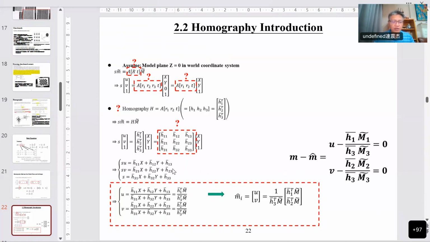I say again, we have a homogeneous matrix here. And homogeneous can become equation, equation can become homogeneous matrix. So it becomes this one.